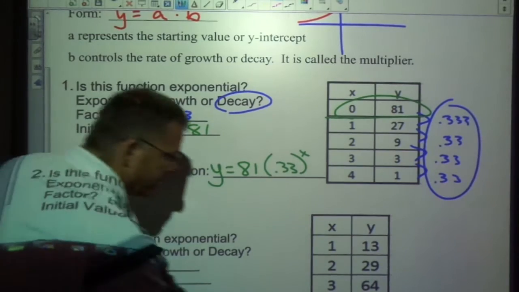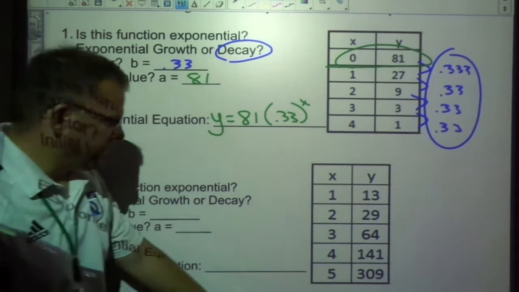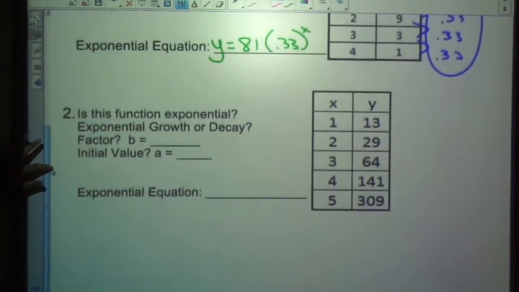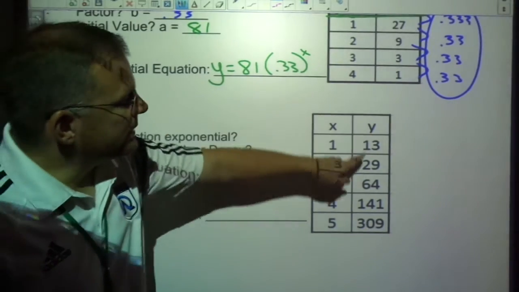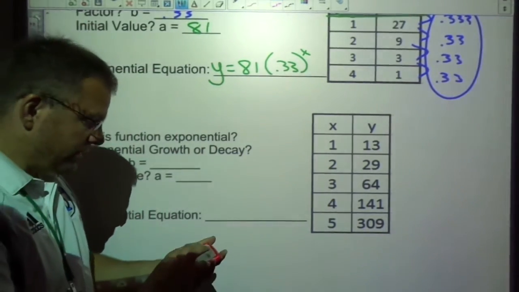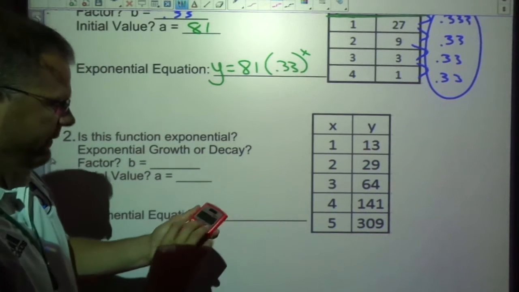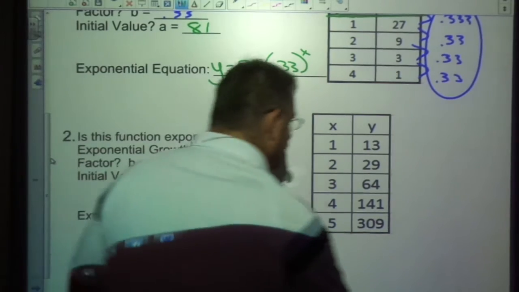You can pause that if you need. In the next one, I create this example because it's a little bit different. There's two things that are different about it. First of all, you see it's not going down, it's actually going up. Probably going to be growth. Okay, so we have 29 divided by 13, and I get 2.23.